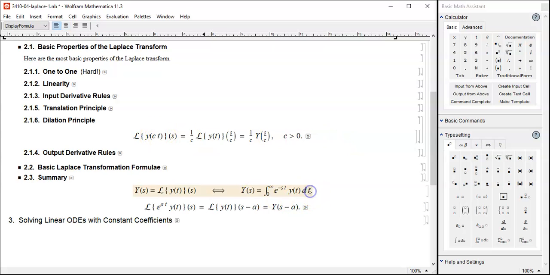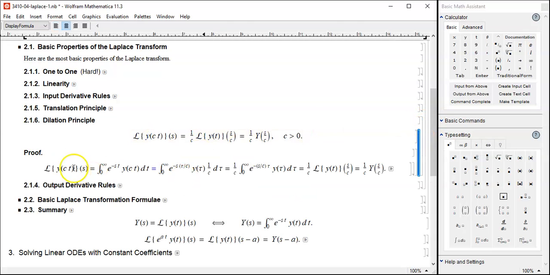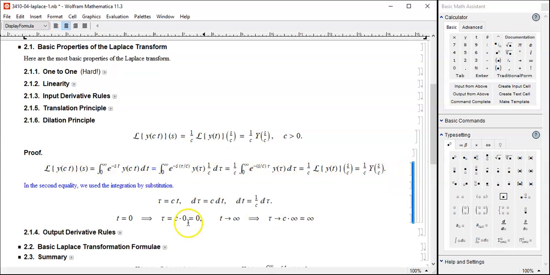Well, put it into the definition, except we have ct in place of t there. That's what I have over here. Now, let's use integration by substitution. Let's take this to another character, tau. That's what I did. Tau is equal to ct, so d tau is c dt.